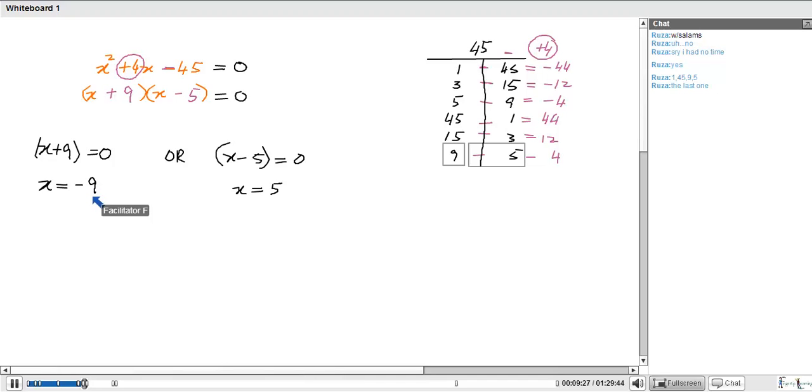Your width cannot be negative, isn't it? You can't have a negative width. Because of that only, we are ignoring this one. We can't have a negative width, so we are ignoring the negative one and we took the positive 5 as the width. Is that clear?